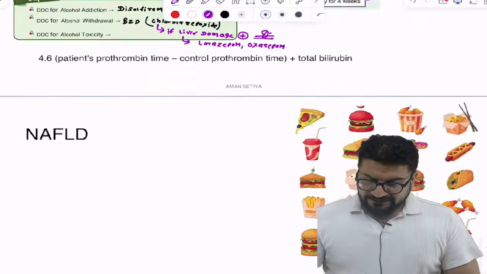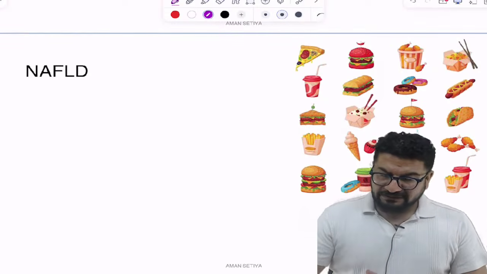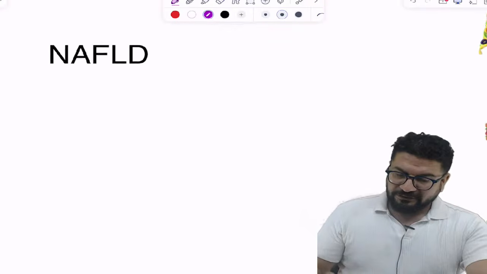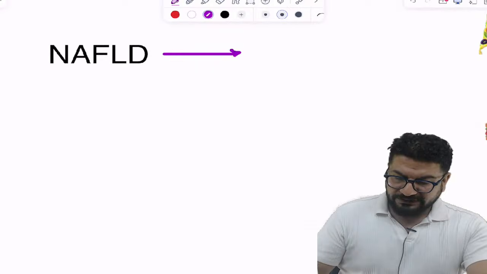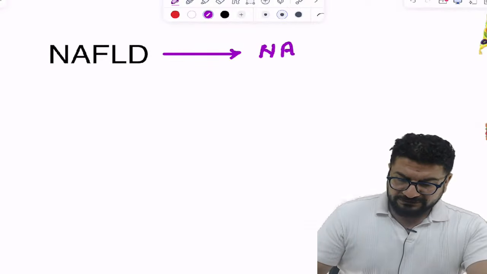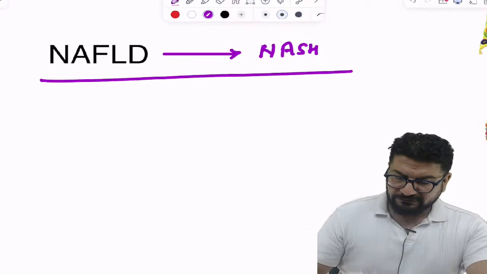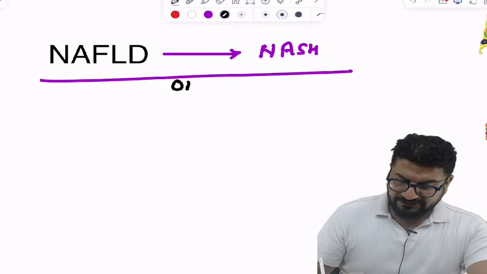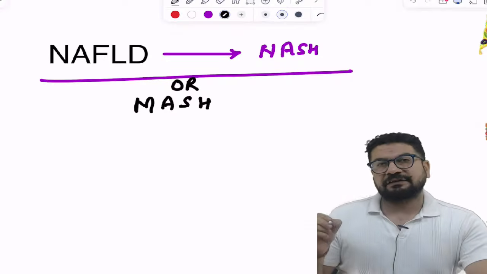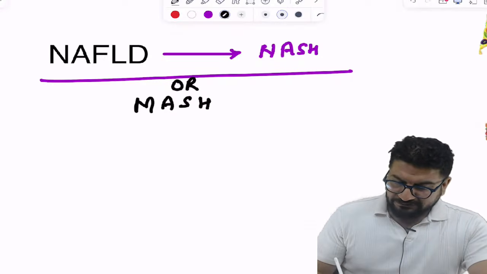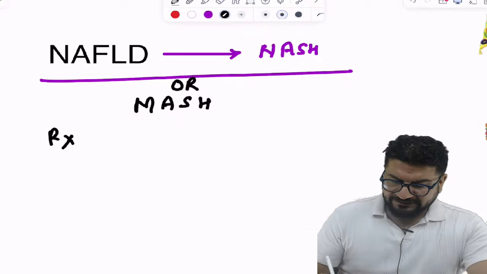Okay, now try to understand. They ask you NAFLD. NAFLD के आजकल कुछ नए नए नाम आ गए हैं. So we call this NAFLD, and NAFLD can convert into NASH, non-alcoholic steatohepatitis. So आजकल we rename this, we call this MASH, metabolic associated steatohepatitis. So they ask you for NAFLD NASH, how you will manage. कैसे आप manage करते हो?